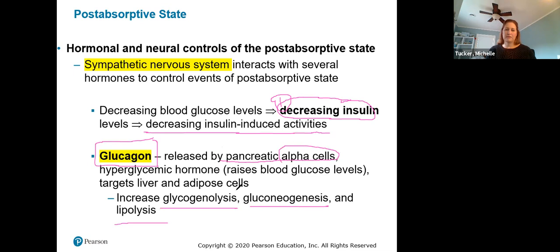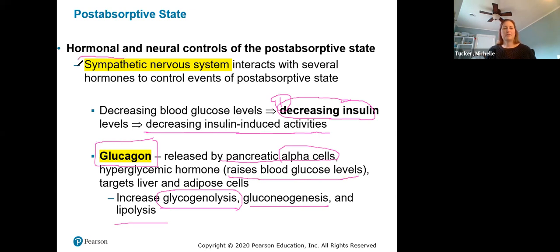The big one that we are concerned with is glycogenolysis, because if you start breaking down glycogen, you're going to raise that glucose level back to normal. So glucagon is secreted in response to low glucose levels, but it is considered a hyperglycemic hormone because its effect is to raise blood glucose levels.